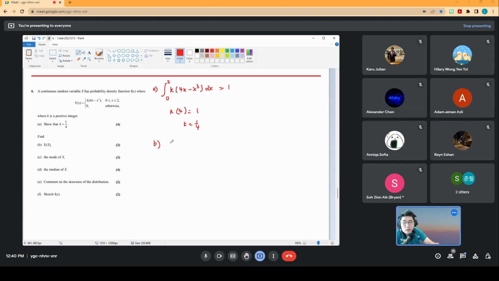Then B, how should we solve this? For B, how do we solve this? Any suggestions?